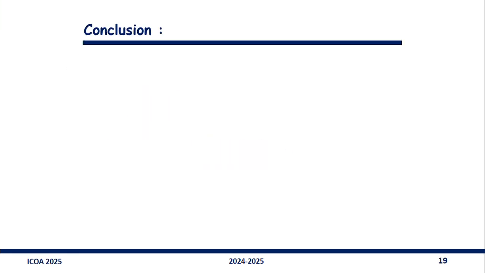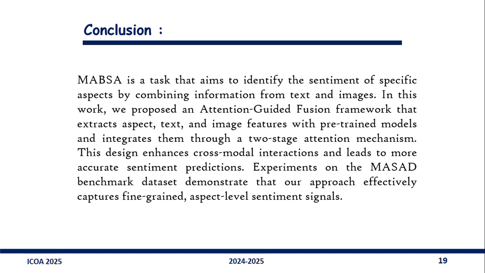Conclusion and perspective. Multimodal aspect-based sentiment analysis is a task that aims to identify the sentiment of specific aspects by combining information from text and images. In this work, we present an attention-guided feature fusion framework that extracts aspect, text, and image features with pre-trained models and integrates them through a two-stage attention mechanism.